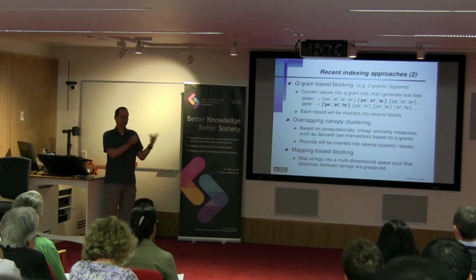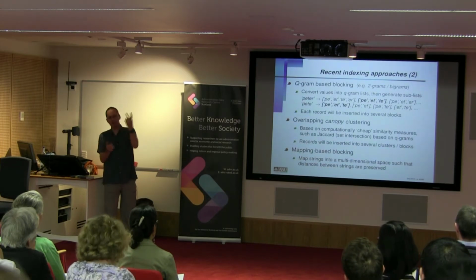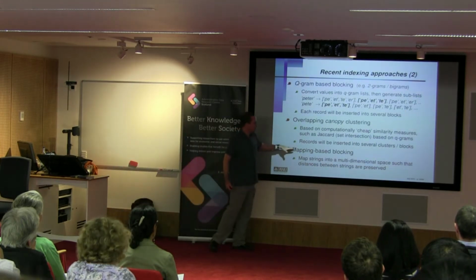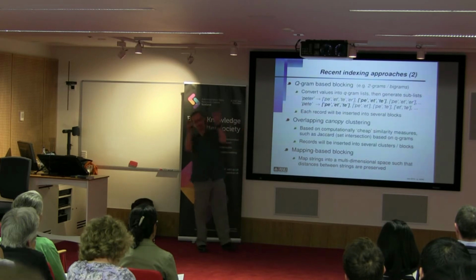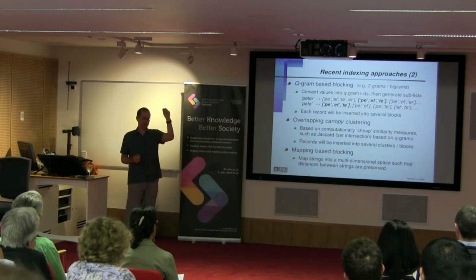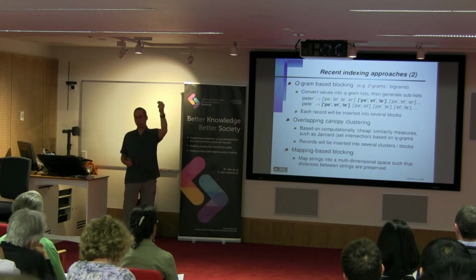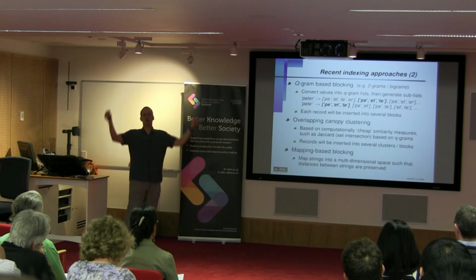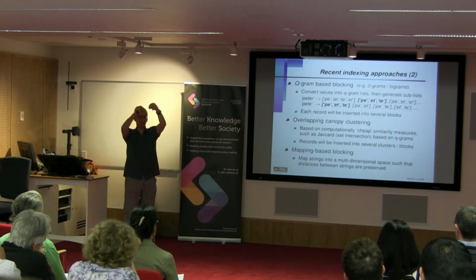The web, for example, every document becomes a point in a very high-dimensional space. And the idea is that we map our records into such a multidimensional space. So every record with certain characteristics becomes a point. And the mapping is done in such a way that records which are similar are converted into points which are close to each other.